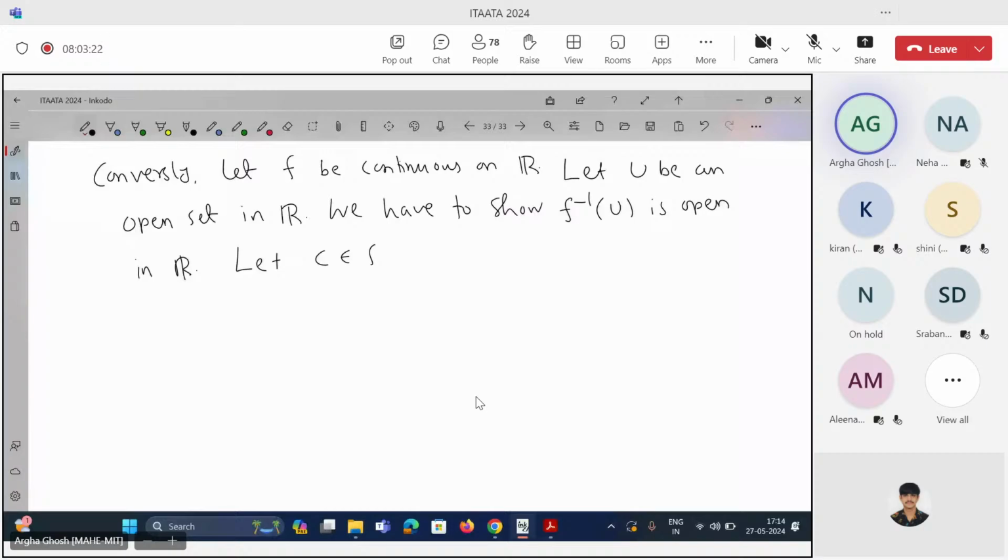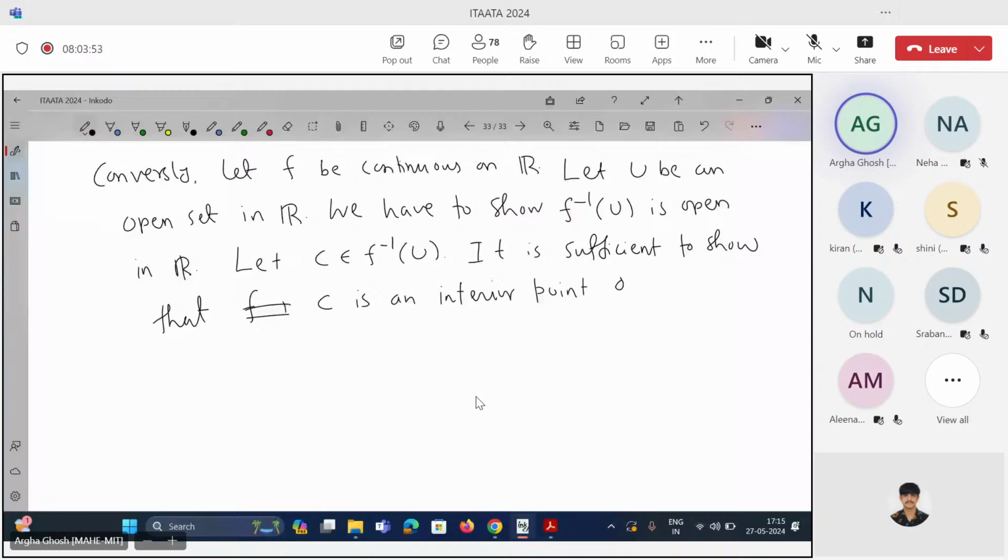It is sufficient to show that c is an interior point of F inverse U. Not F, sorry, c is an interior point of F inverse U.